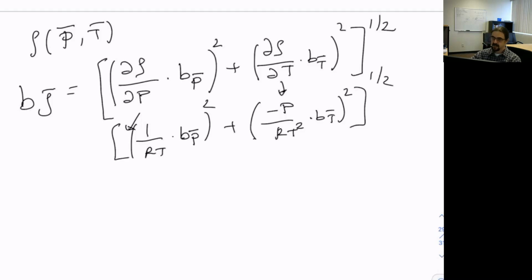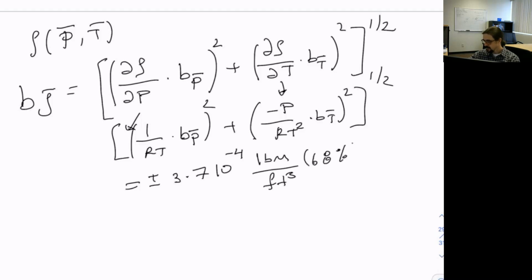If I put all the numbers in, I will find that my systemic error for the gas rho is plus minus 3.7 times 10 to the minus 4 lbm per feet cubed at 68 percentile.